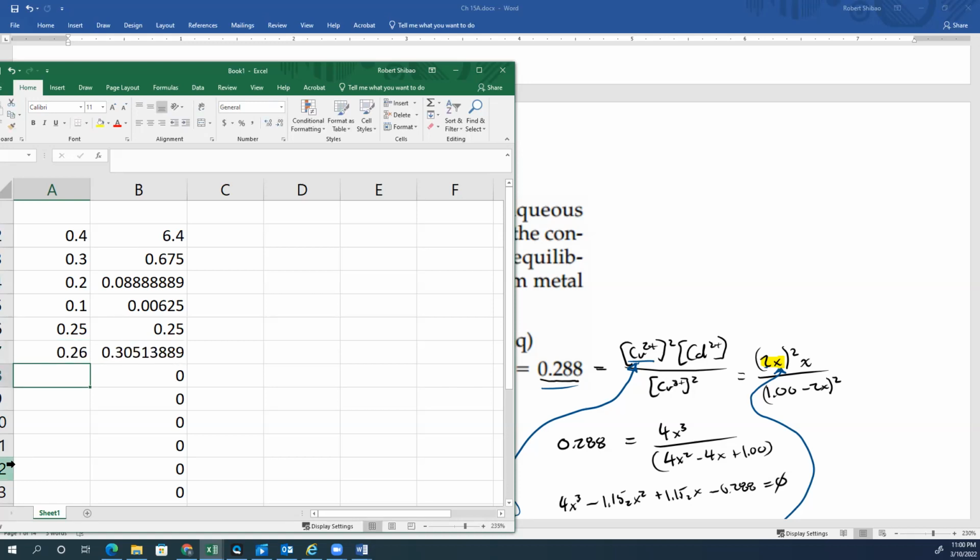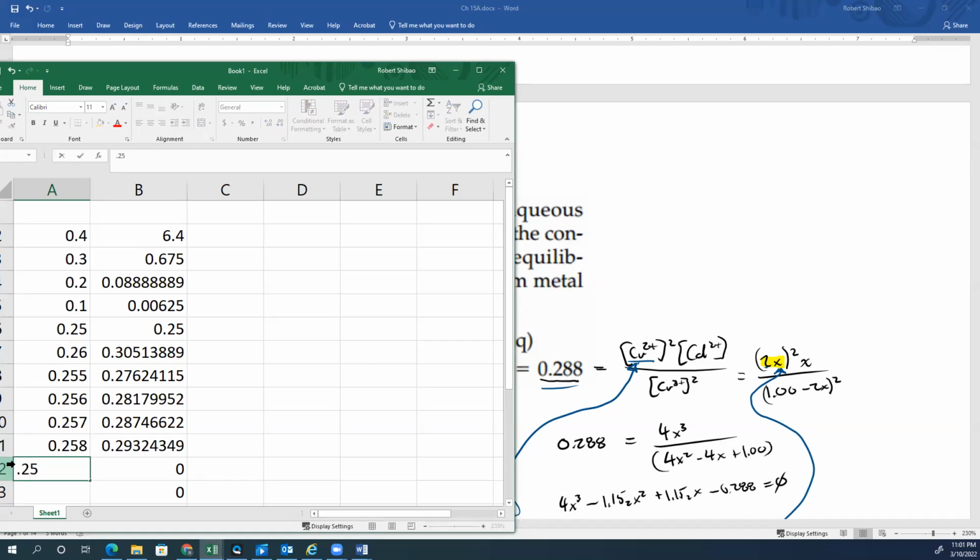Now we're getting farther. So we'll try 0.255. Now we're getting closer. We'll try 0.256. Closer. 0.257. Closer. Almost there. 0.258. Too far.